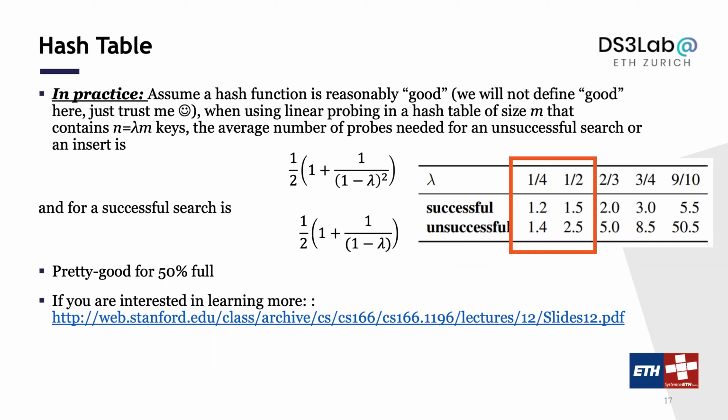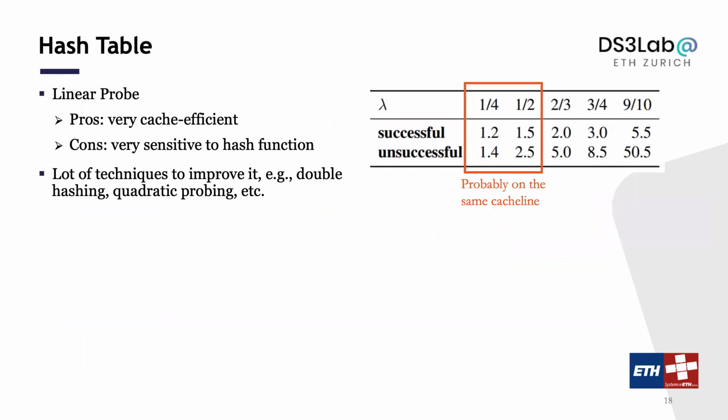It means that if your hash table is 50% full, in expectation I only need 1.5 probes. Most of the time, maybe a single probe will bring me there, but in expectation I will never go crazy. So I have a very small constant as my expectation.